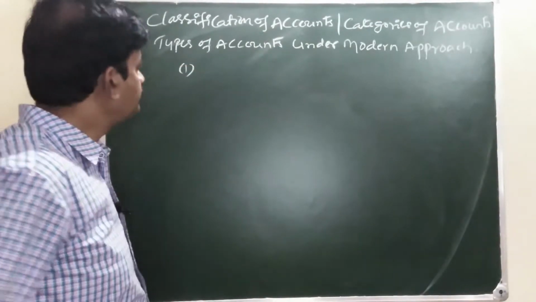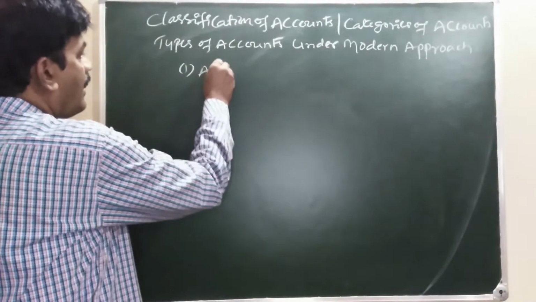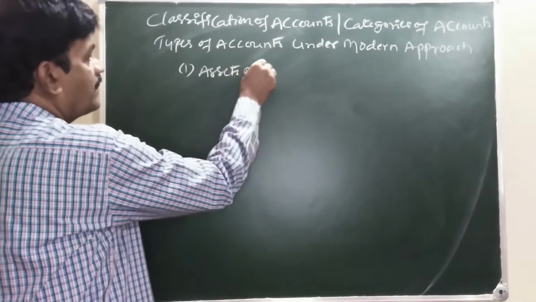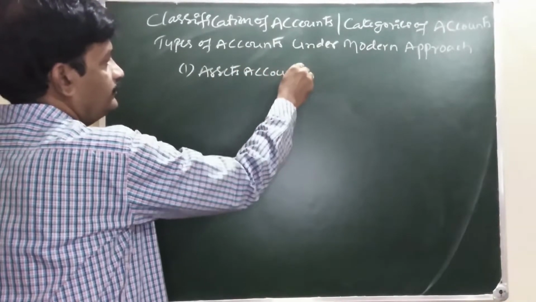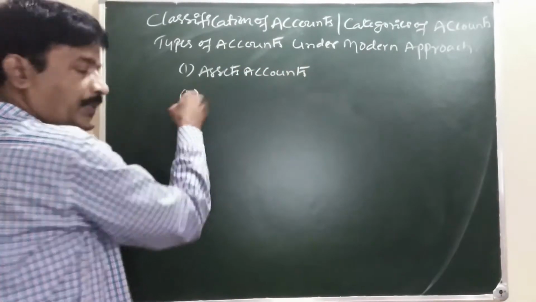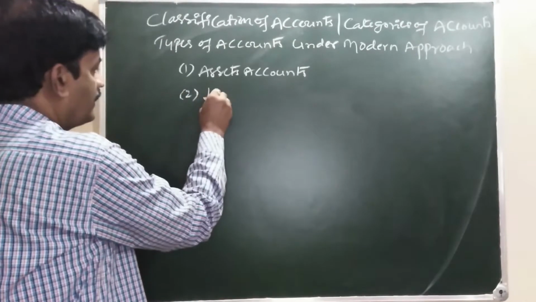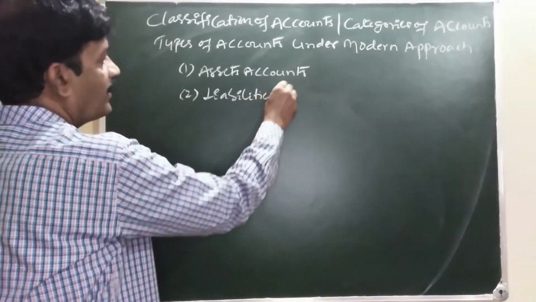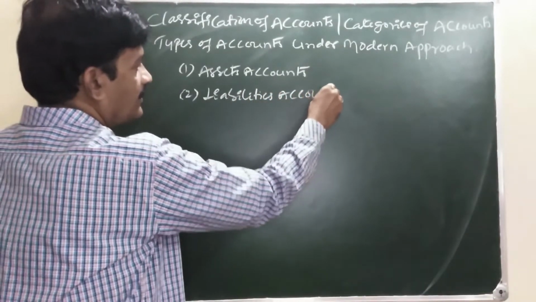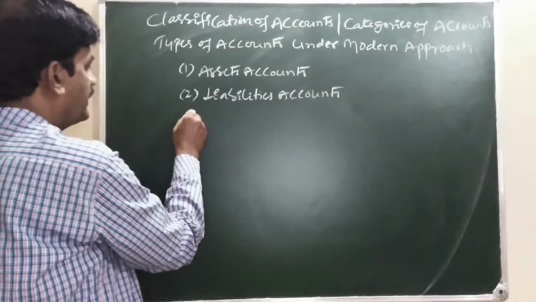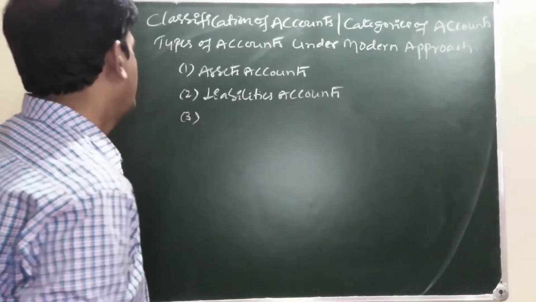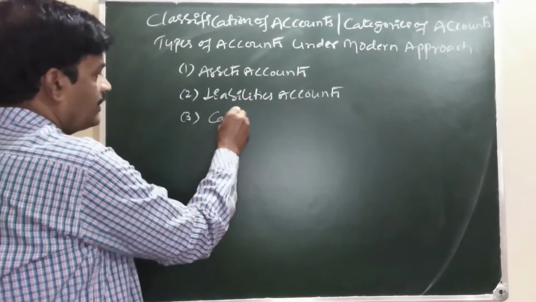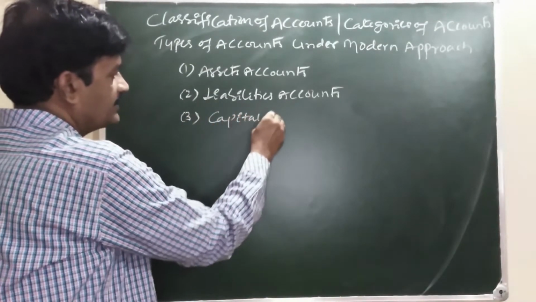Number 1, assets accounts. Number 2, liabilities accounts. Number 3, capital accounts.